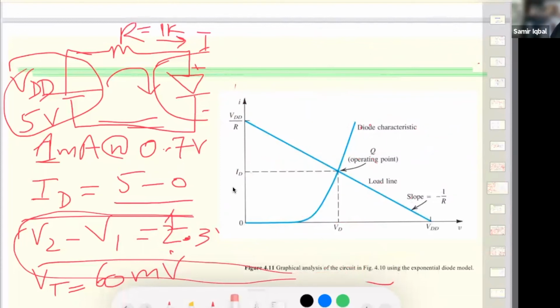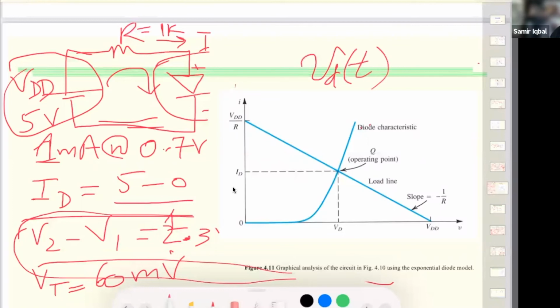The diode is operating at a DC bias point, Q, which is the intersection of these two plots. Now, if we superimpose this small VD here, we will get a triangular waveform.